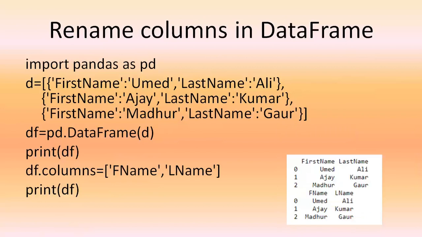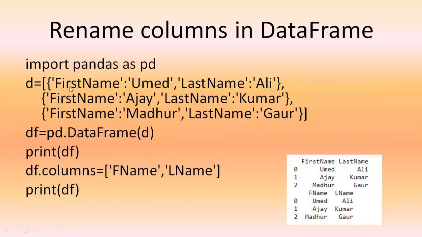Next, rename columns in a data frame. Once you have created columns in a data frame, you can also rename them. Here we have created the columns first name and last name, and you can rename these columns F name and L name.